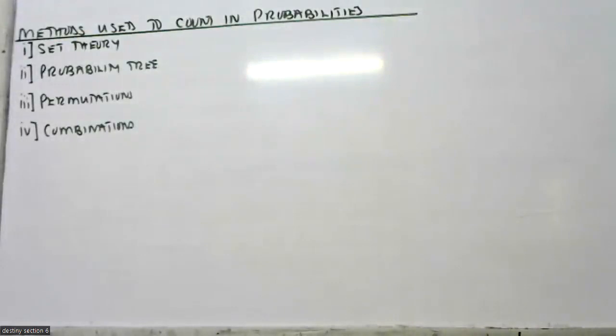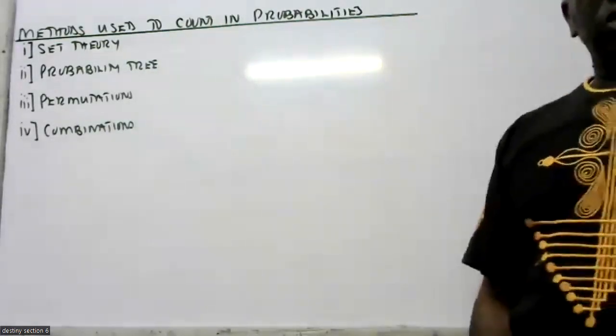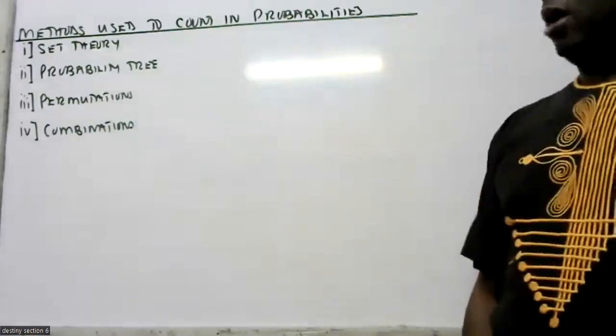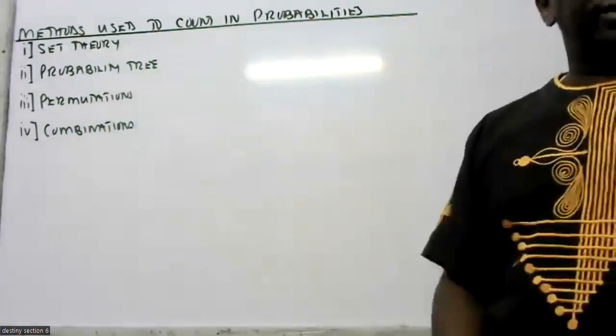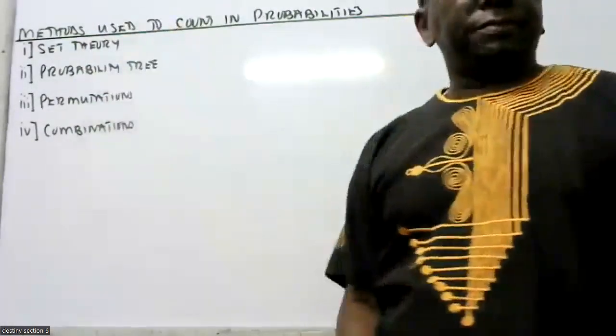We already have used set theory, and you remember in answering these questions, we would be asked, how many are these? So in answering those questions of how many, that was counting.